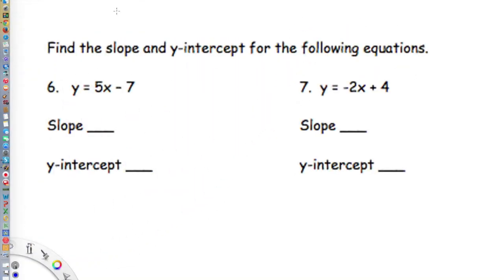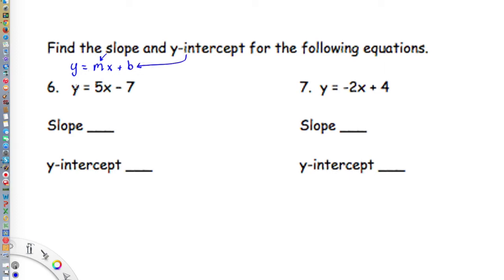In my next series of questions, it says find the slope and y-intercept for the following equations. A good guide to do this is simply use your slope-intercept formula as a template, which is y equals mx plus b. m is the slope and your y-intercept is your b.